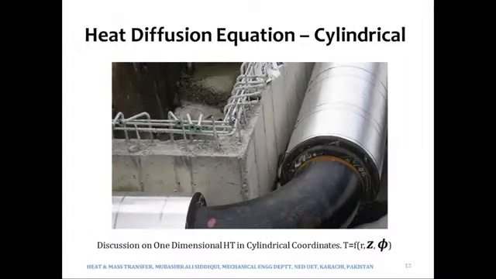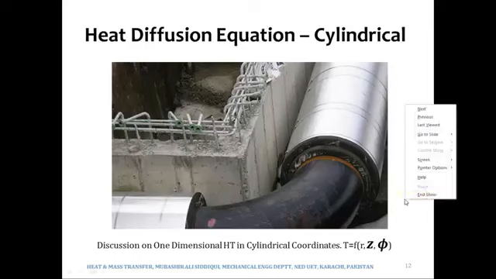Now see what is meant by those three axes. We have got an r axis, we have got a z axis, and we have got a phi axis. So let's start with z axis.